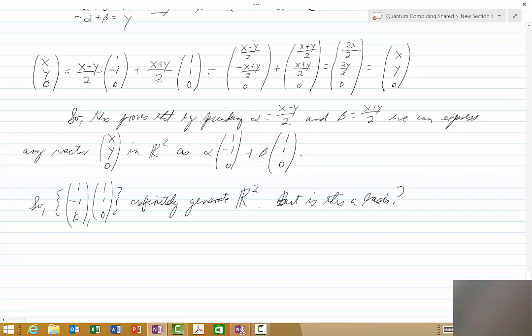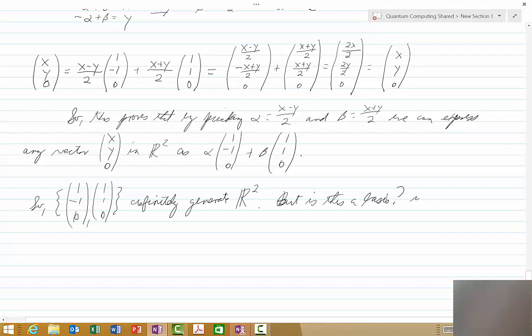And on the other hand, if we take this vector away and just look at all multiples of this, we get the line y equals x and z equals 0. But if we take the set of all linear combinations of both, that's when we get all of R2. So this set is minimal, and so it is indeed a basis.